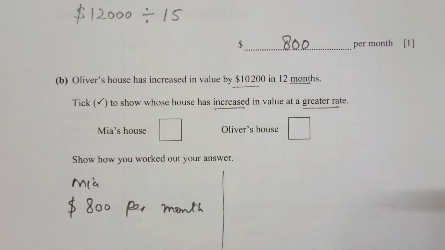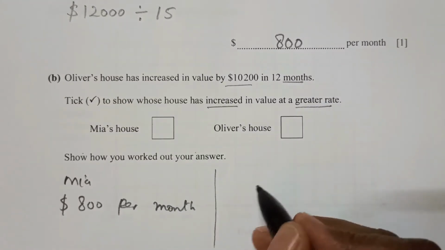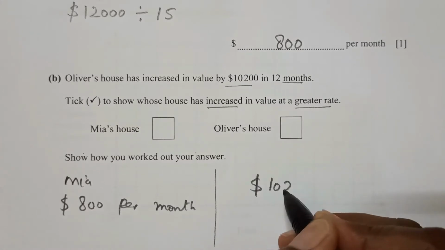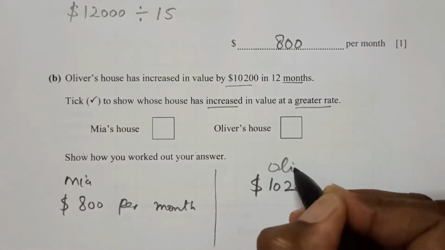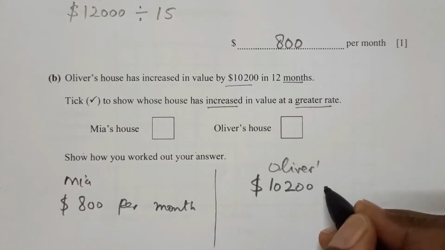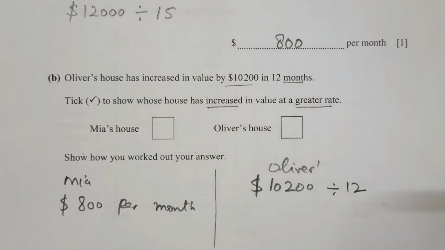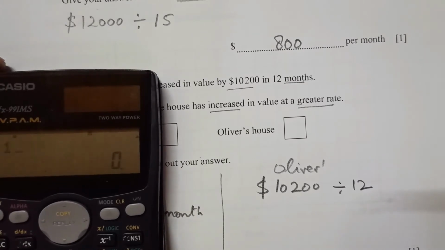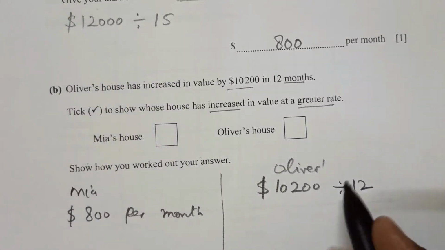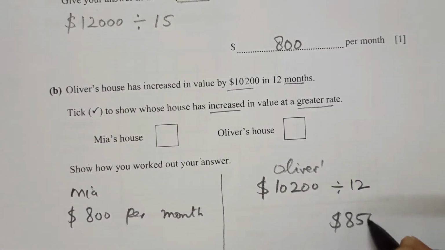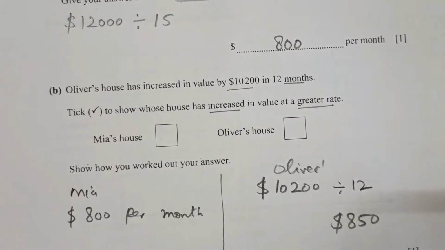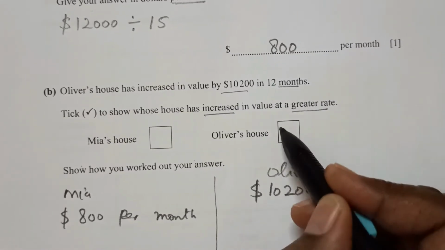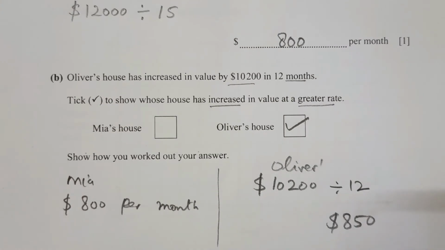Now let's see for Oliver. Oliver's increase is $10,200 divided by 12. So when you divide this by 12, increase is $850. So whose increase is more? Oliver's. So we will tick Oliver here, and we have the working here.